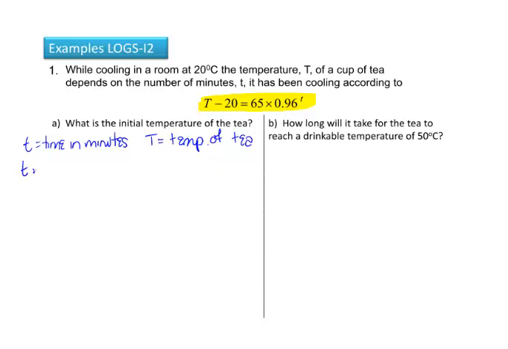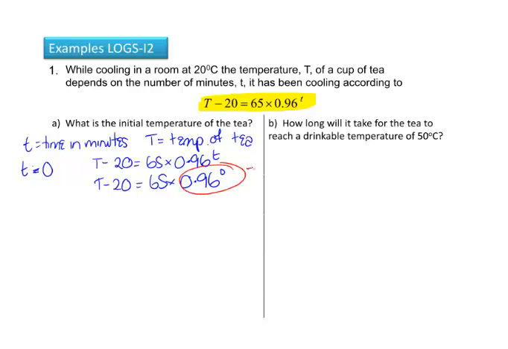Well, that's going to be when t is equal to 0, because no time has passed. So write my formula, T minus 20 equals 65 times 0.96 to the t. T take 20 equals 65 times 0.96 to the 0. Now anything to the power of 0 is 1.